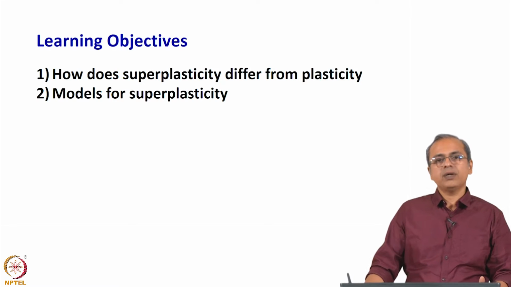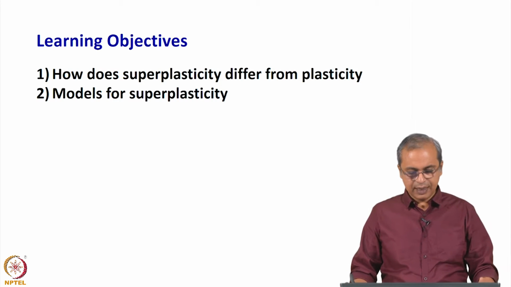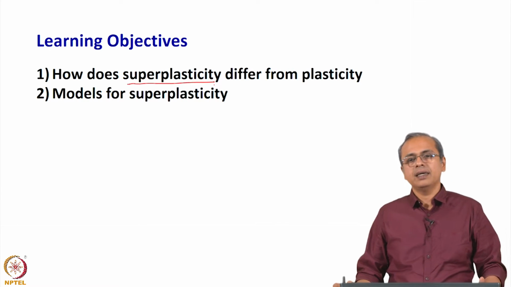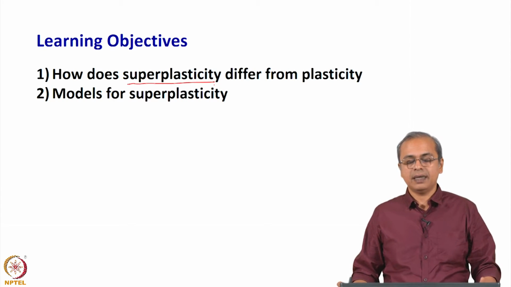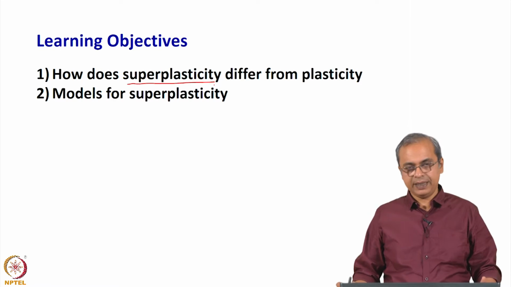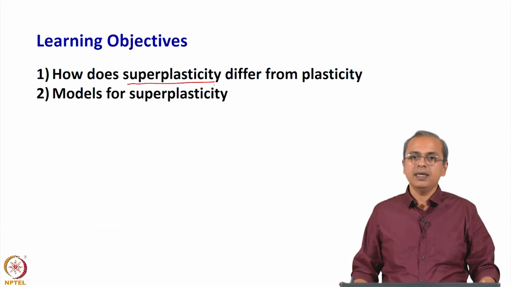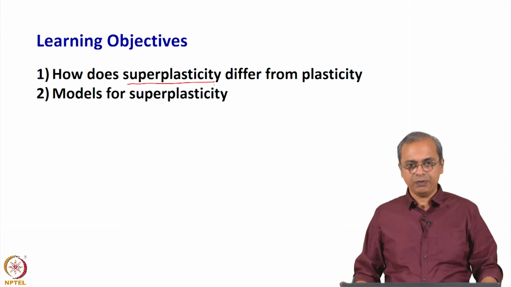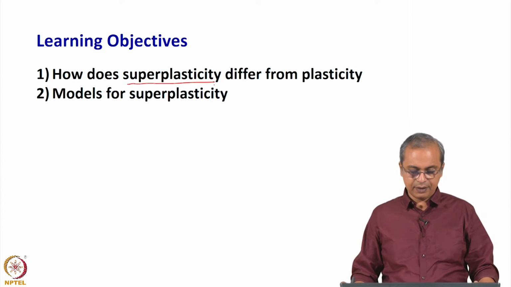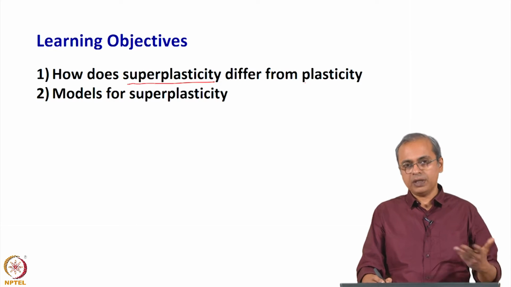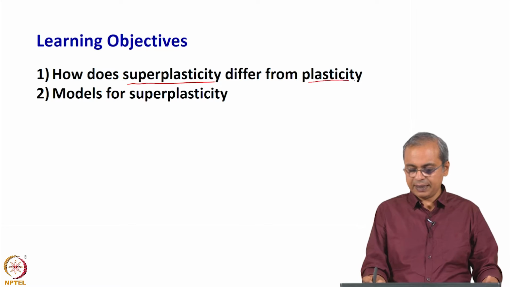So our learning objectives for this course are to briefly look at superplasticity. You can look at courses associated with the mechanical properties of materials, where superplasticity is discussed in much greater detail. We are going to look at a very brief overview of superplasticity. In particular, I would like to bring out what is the difference between superplasticity and plasticity.